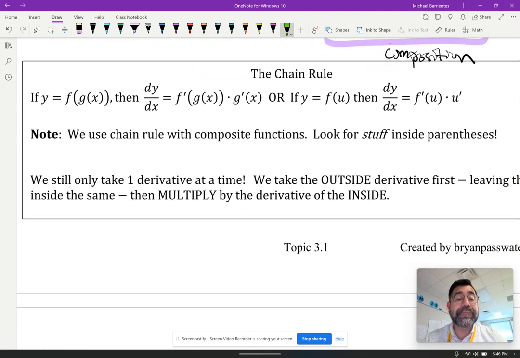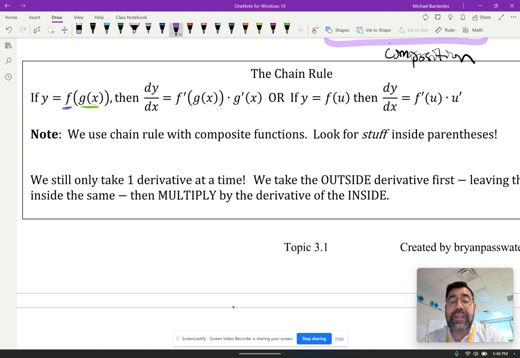And it says this. When I'm taking the derivative of a function called y with respect to x, and I notice that there is an inside function and an outside function, it says take the derivative of the outside, the derivative of f, with the original inside still composed, still inside of it, and then multiply it by the derivative of the inside.